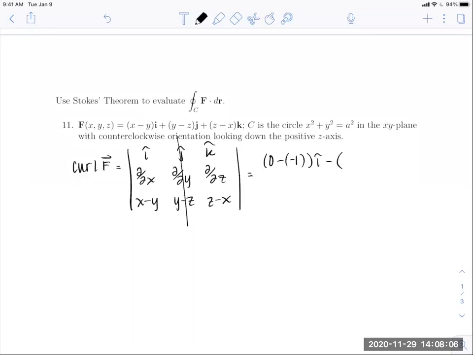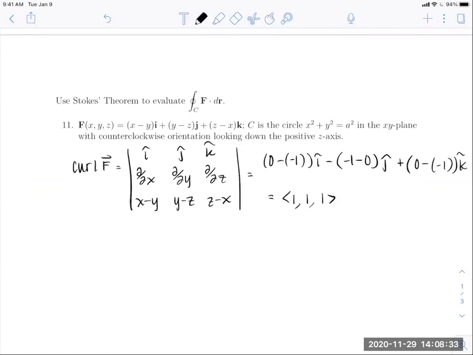I get a -1 minus 0, and that is j hat. Finally for the k hat, I'll strike through that column. I get 0 minus a -1, and that is the k hat component. And so my curl here is 1, 1, 1.